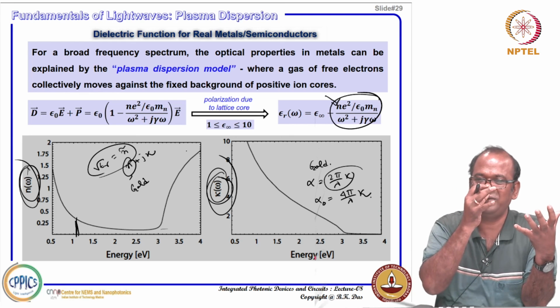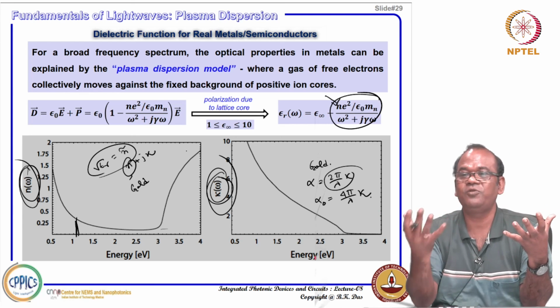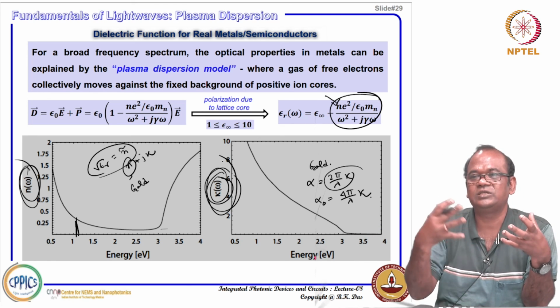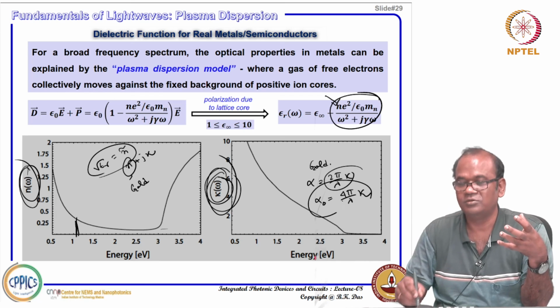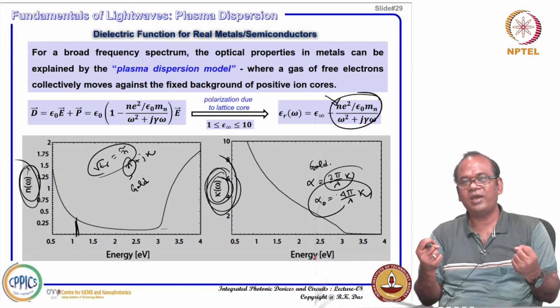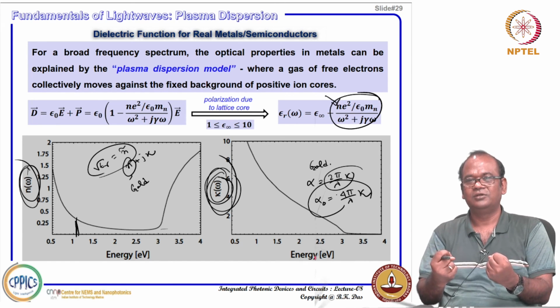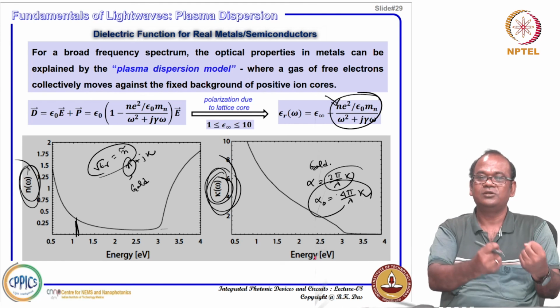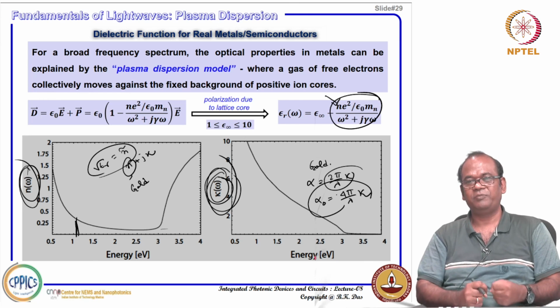A change in the real part of the refractive index results in a phase change, and a change in the imaginary part results in a loss. So, you can control the loss coefficient as well as the refractive index, the phase constant.